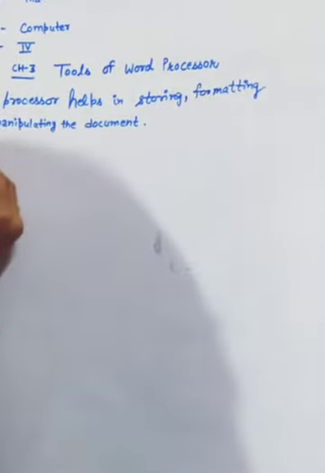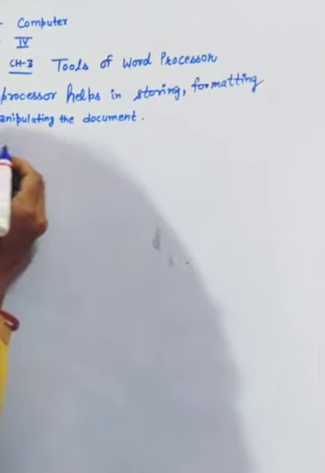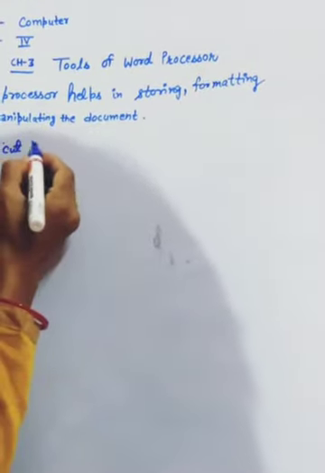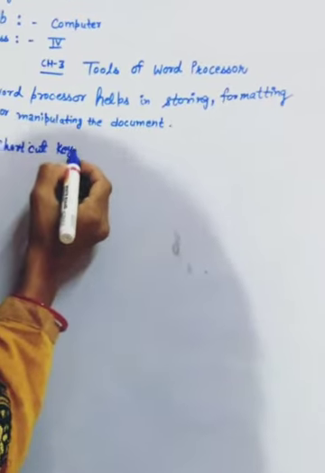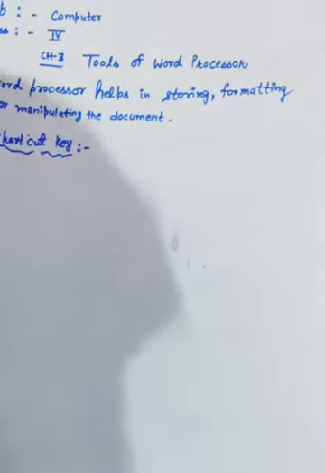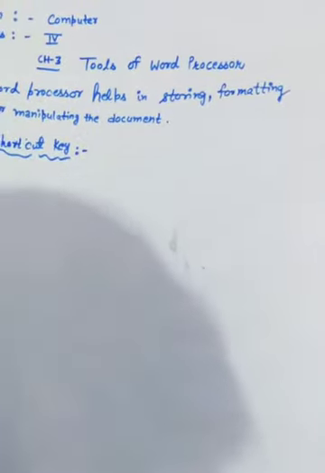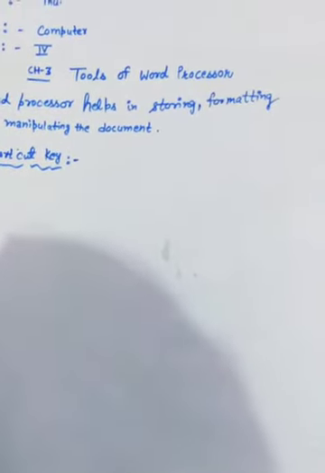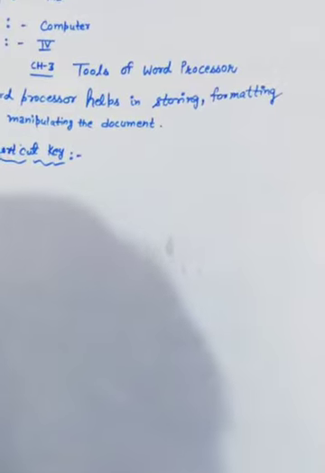Now, shortcut keys. What is a shortcut key? Can anyone tell me? A shortcut key is a particular key or key combination that helps in quick execution of a program.